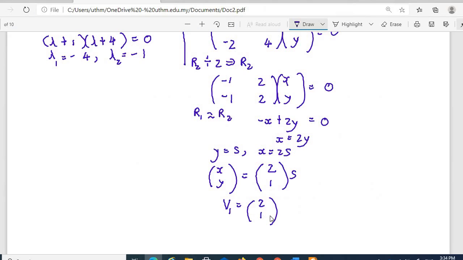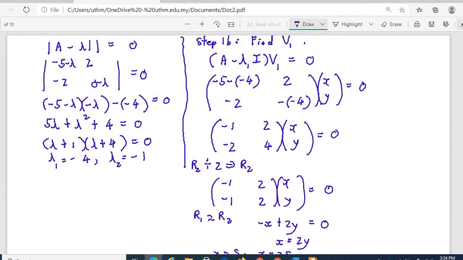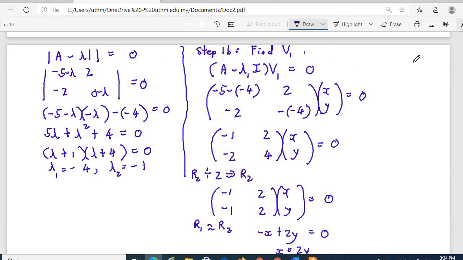Any question before we proceed to the V2? Or do you want to try? To find V2 is similar. You just need to replace your lambda 1 here by lambda 2. So the process is the same.